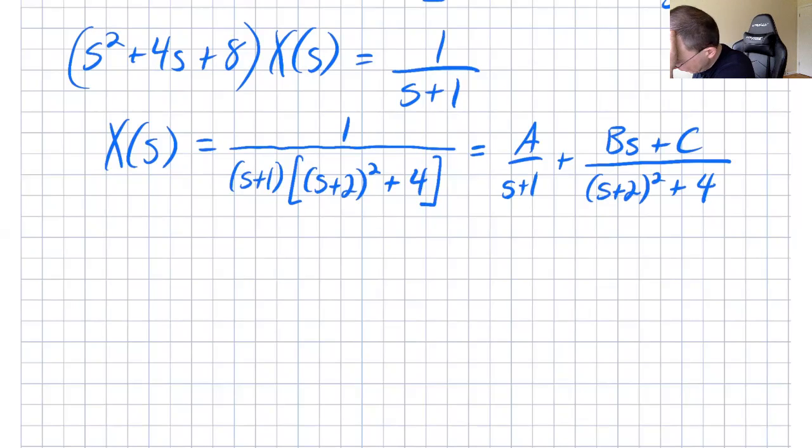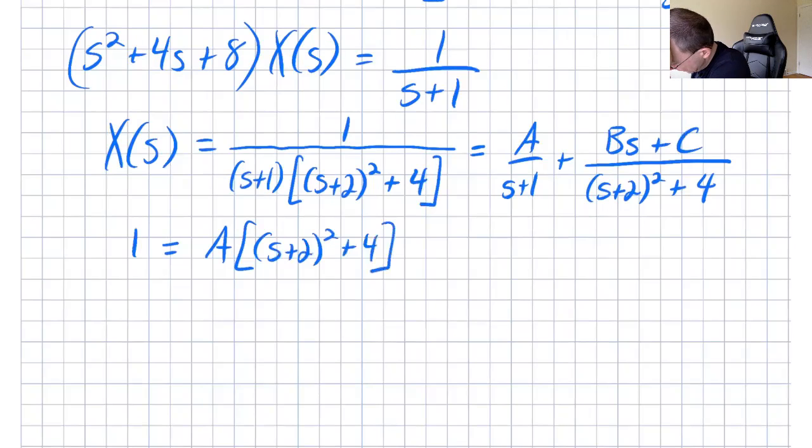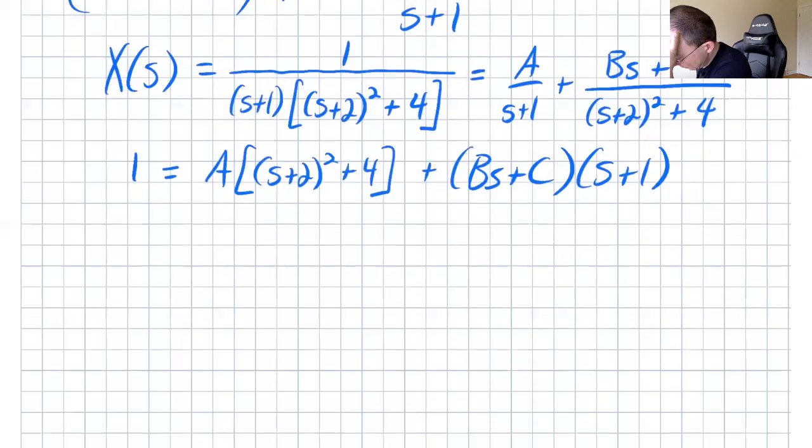Multiply both sides by the denominator. We get 1 is equal to A times (s plus 2) squared plus 4, and then we have Bs plus C times s plus 1. Now let's solve for the A first.